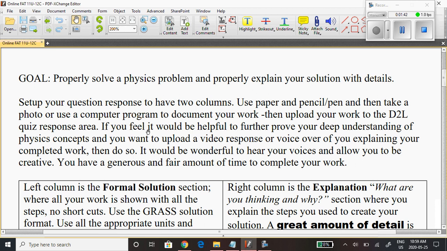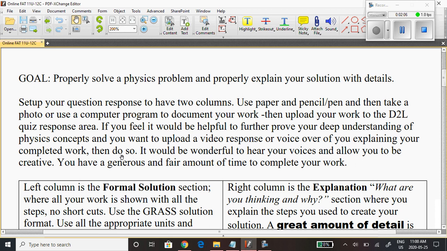If you feel it would be helpful to further prove your deep understanding of physics concepts and you want to upload a video response or voice over of you explaining your completed work, then do so. Voice over meaning you would talk over the picture of your solution.